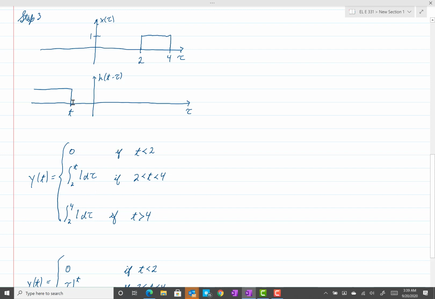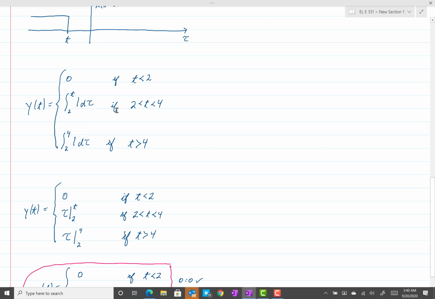Now, on the other hand, if t keeps on increasing and it's past 4, then the region of overlap will be between 2 and 4. And so we will have the integral from 2 to 4 of 1 times 1, which is 1 d tau. And that's what we have if t is greater than 4.